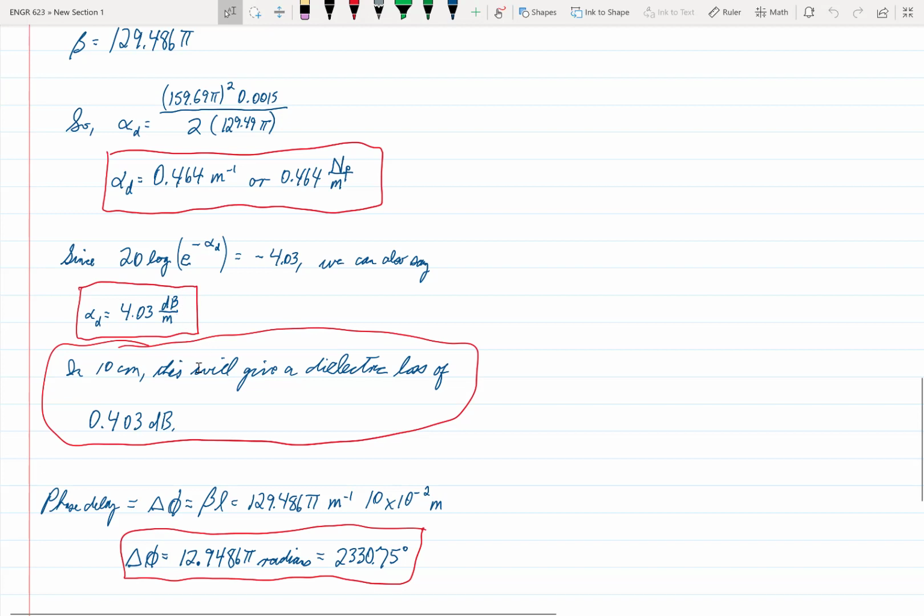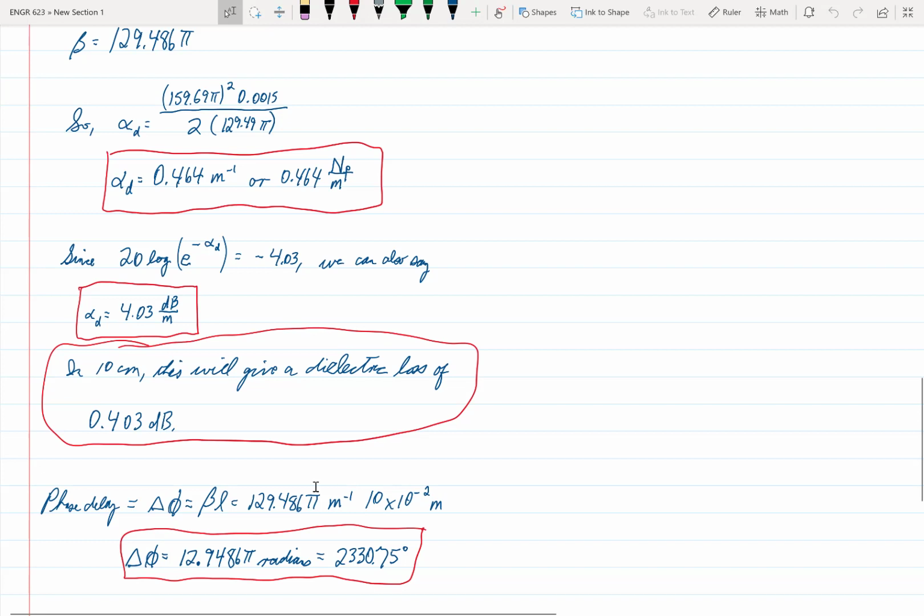Here is the value for alpha sub d in dB per meter, 4.03 dB per meter. In this case, the length of the waveguide is just 1/10 of a meter. So the dielectric loss will be 0.403 dB. And finally, for the phase delay, which is frequently denoted by delta phi, that's just beta L, and we've already calculated beta to be 129.486 pi inverse meters.